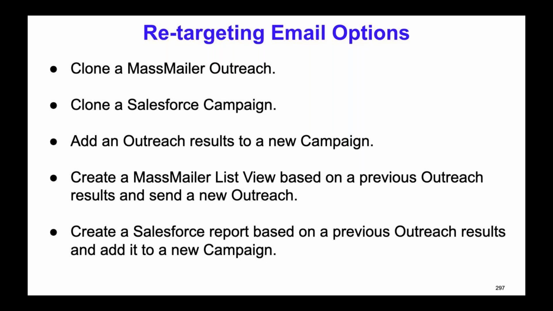That's another approach. As you may have noticed, we have a summary of statistics that we display on the outreach object. In the real-time statistics section, where we display a hyperlink, you can drill down to the specific results such as opens, clicks, bounces, and all of that. So if you wanted to retarget the people who did not open, you just click on that, find out who did not open your email, and send an email to them again.